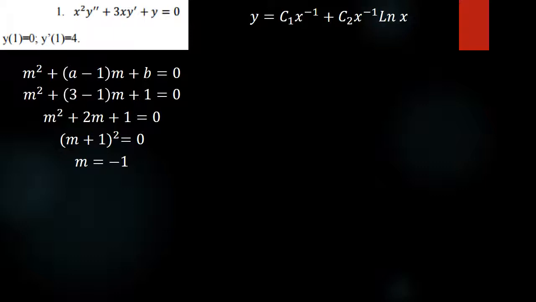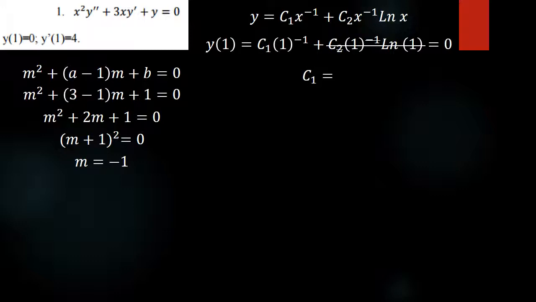Then we must obtain the value of each constant of the general solution. We take the first initial condition, we substitute each x by 1, and the equation is equal to 0, and we can obtain that the first constant is equal to 0. After that, we obtain the derivative of the general solution.